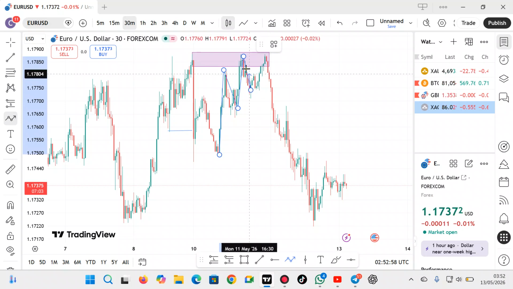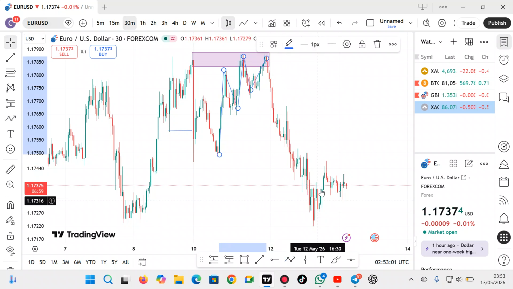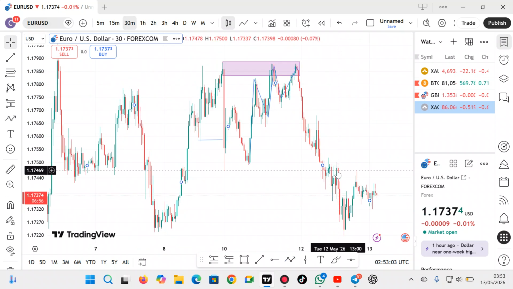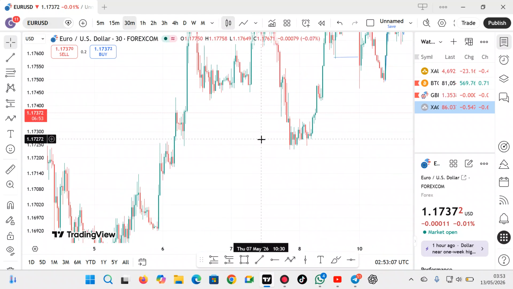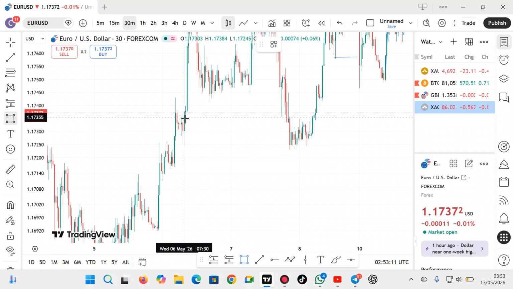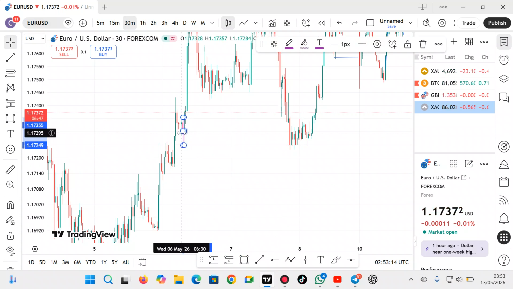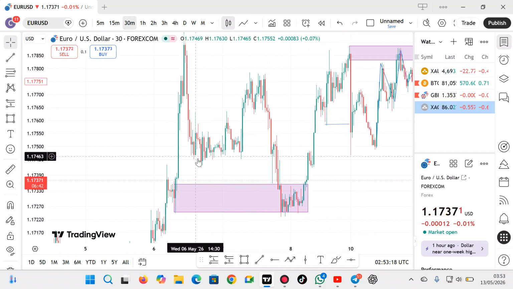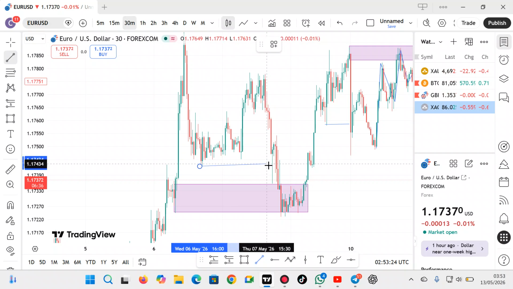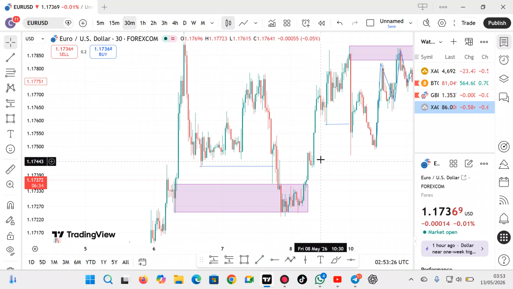This is the confirmation to sell. So coming back again, it started dropping. Okay, that was what happened on this particular trade. So BOS is very, very important in the market. Now observe this particular zone again. This is an order block, and this is also an order block, but this order block serves as liquidity to the market.